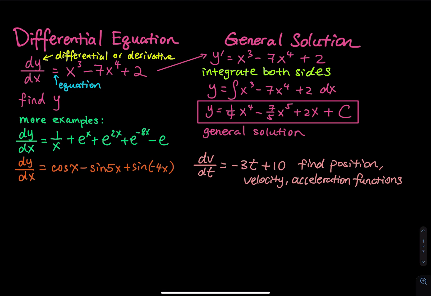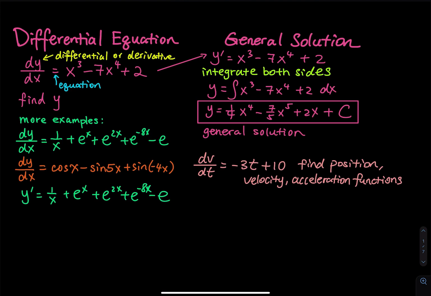The next one in green, we have dy dx equals 1 over x plus e to the x plus e to the 2x plus e to the negative ax minus e. All right, so let's find y. We have y prime equals 1 over x plus e to the x plus e to the 2x plus e to the negative ax minus e.